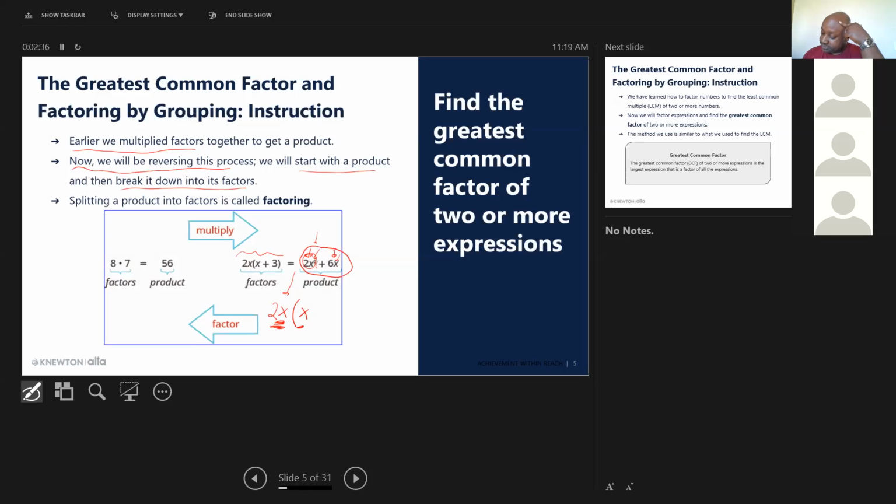And then I bring down this plus sign, and 2x times 3 would give me the 6x. And then I'll close my parenthesis. So this is how we're going to be factoring these polynomials coming up. Does that make sense? Yeah, it does.